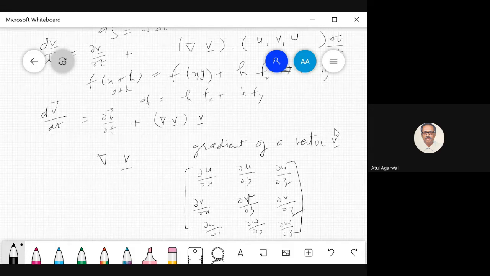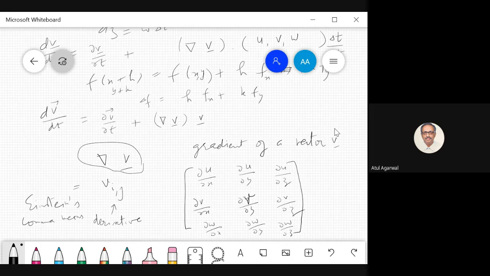So this could have been also written as Vi comma j. What do you do in gradient? You take a derivative. Comma here represents derivative. If you go through my lectures, which I have uploaded in YouTube, all this is explained. So this is Einstein's notation. He used this notation to write in a shorthand.